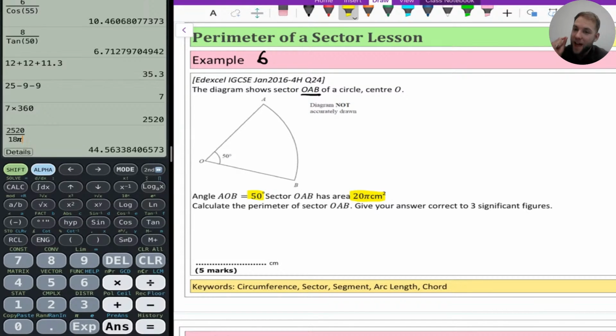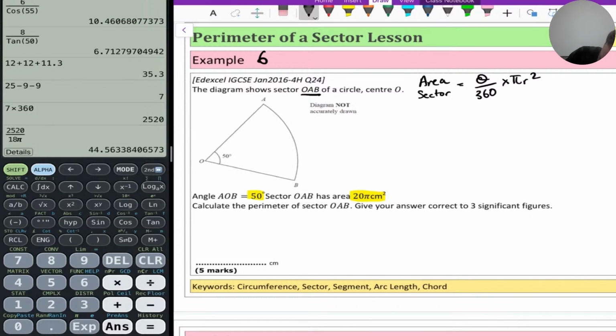Now, this is a very, very common question. It's linking together the two things we know about sectors. So we need to know the formula for the area of a sector, which is equal to theta over 360 times by pi r squared.